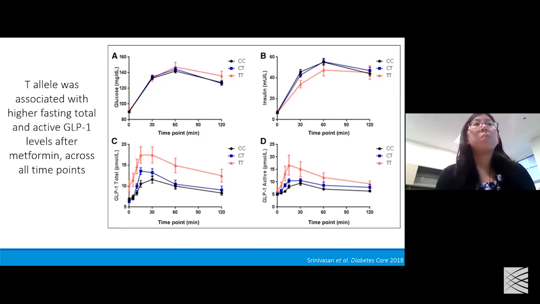What's interesting is that while there were no major changes in glucose or insulin by genotype, we do see an increase in incretin levels, which is somewhat suggestive of some incretin resistance in individuals who carry the T allele, as a potential mechanism by which TCF7L2 affects type 2 diabetes risk.